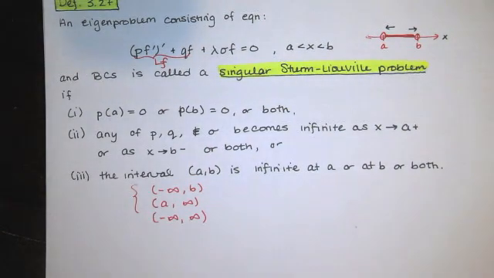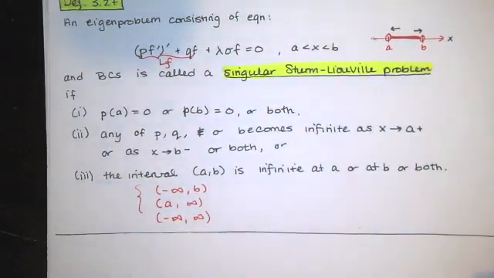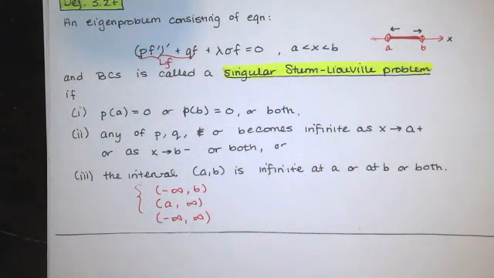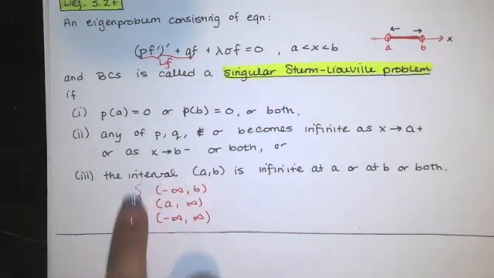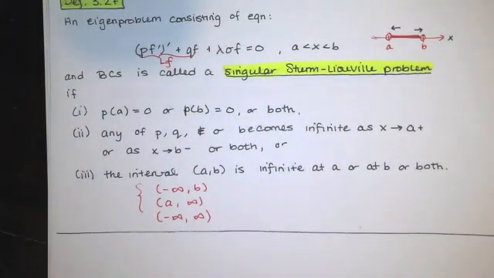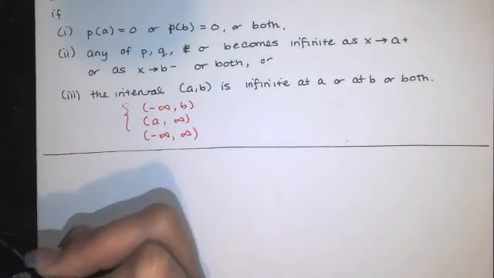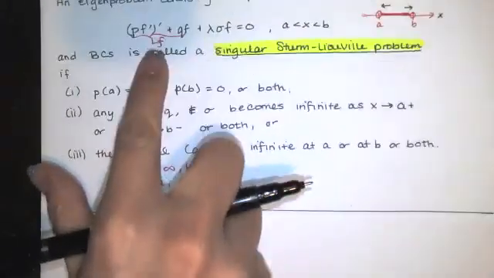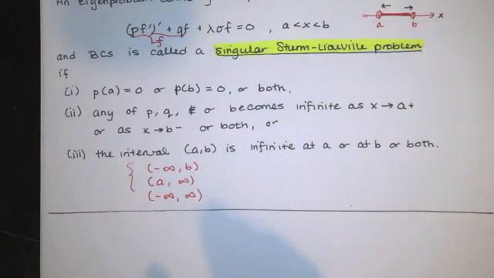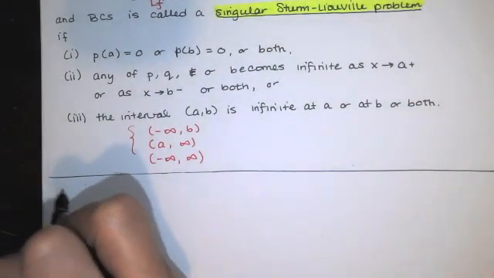So we're still looking for eigenvalues and eigenfunctions, but things are a little funny at the left endpoint or the right endpoint or both, either because of the nature of the interval itself or because of the functions in our differential equation. But we still want to find the same things. And we want the operator L in the differential equation on the space of functions we're interested in to be symmetric.